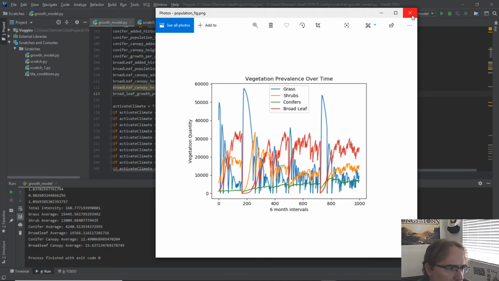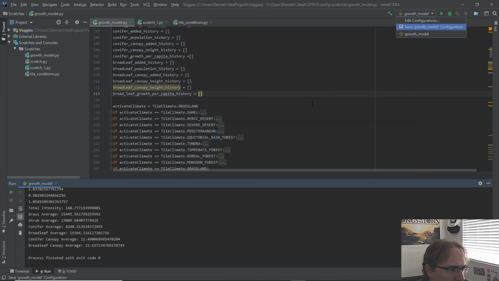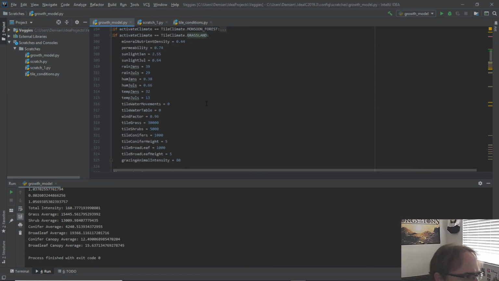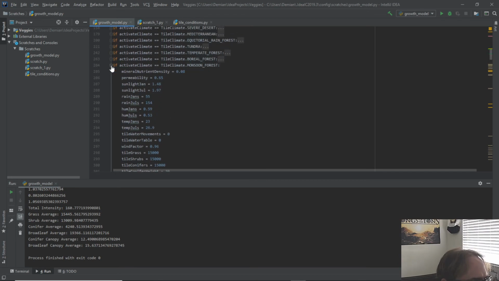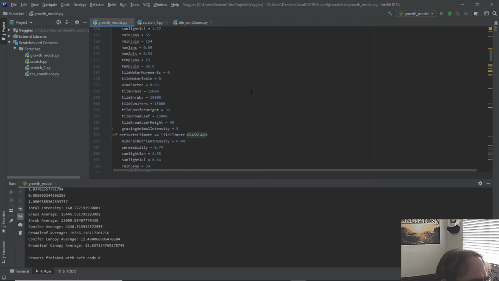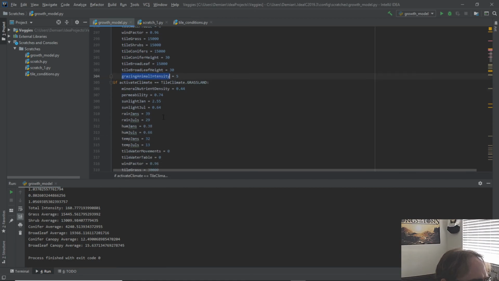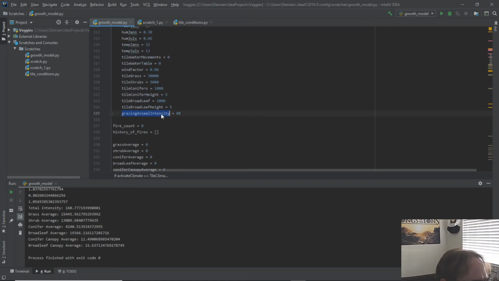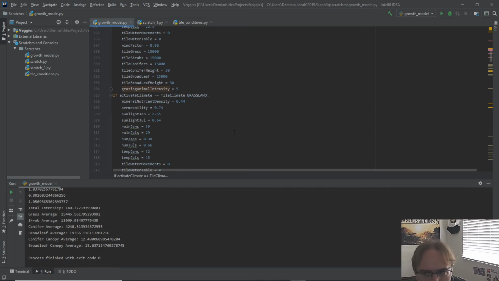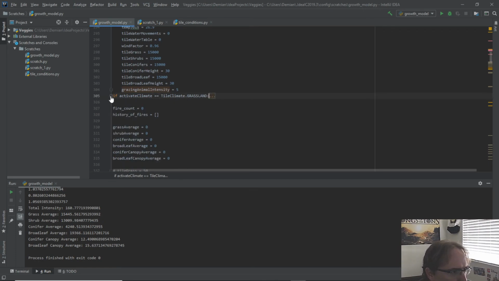All right, cool. So let's go ahead and add in our grazers first. Off stream, I was working on things for a few hours. I did some research. I added in this new variable called grazing animal intensity, which will be a proxy for grazing animals. In the actual game, we want herds of grazing animals to be moving around the map, looking for the best places to graze.